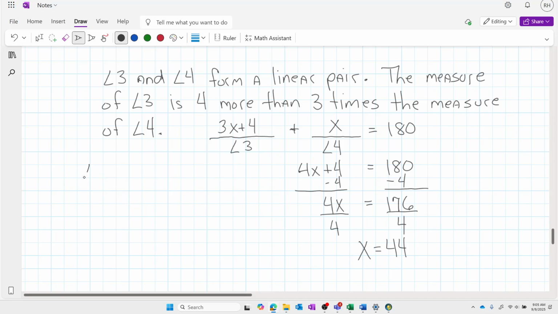So over here we need angle 3. Angle 3 is equal to 3 times 44 plus 4. 136 degrees, and angle 4. Angle 4 is our x, and our x is 44, so angle 4 is 44 degrees. And 136 plus 44 equals 180, so we're good.